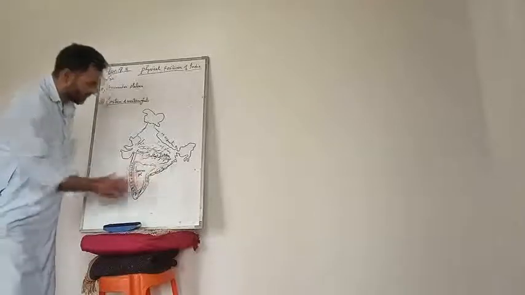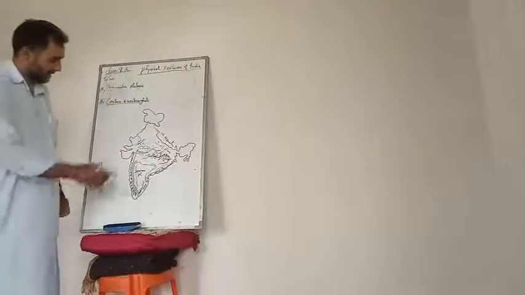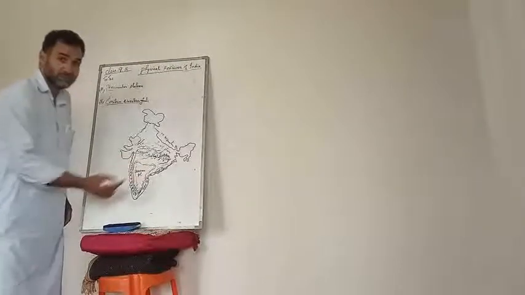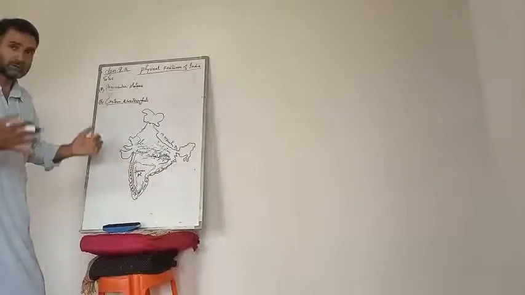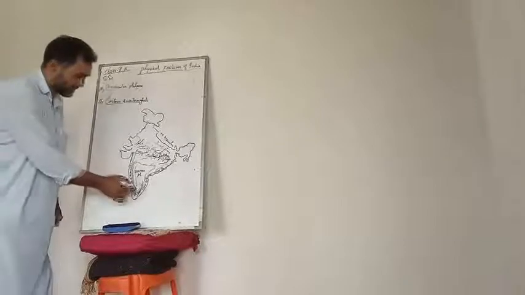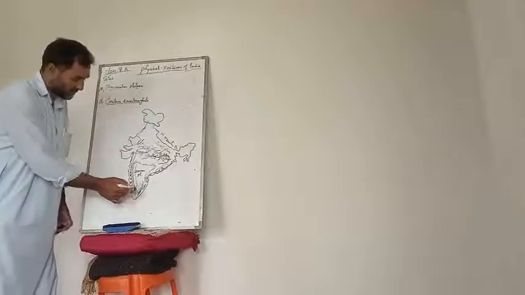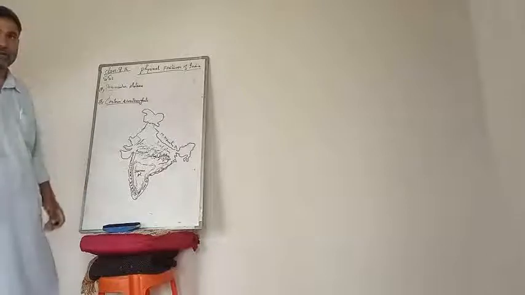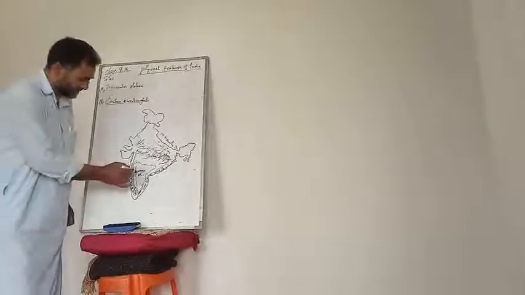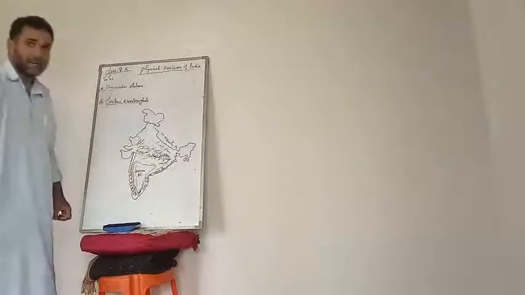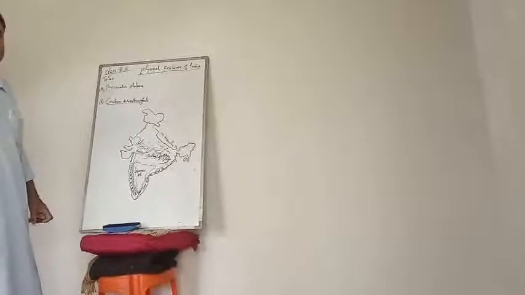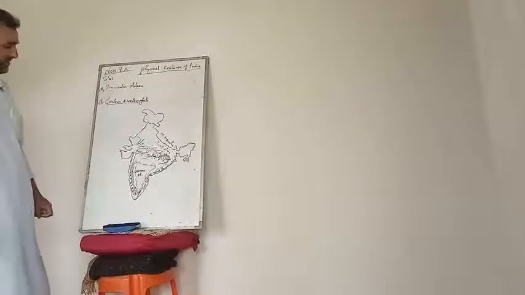This Deccan Plateau is triangular in shape. It has a broad base towards the northern side, while towards the south, it tapers into a conical shape. It is made up of igneous rocks.